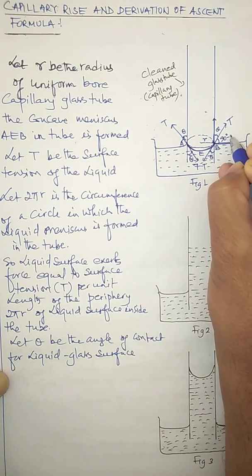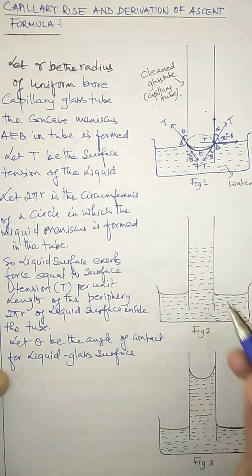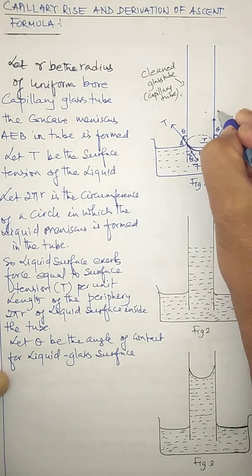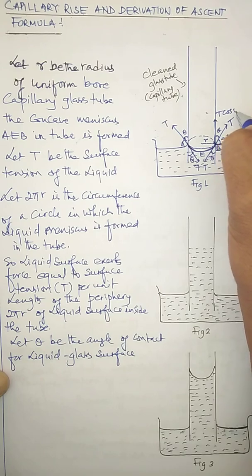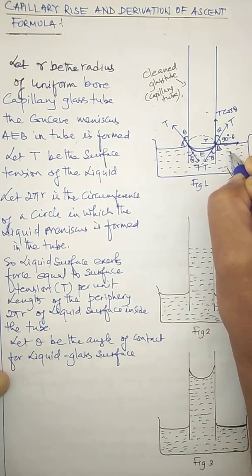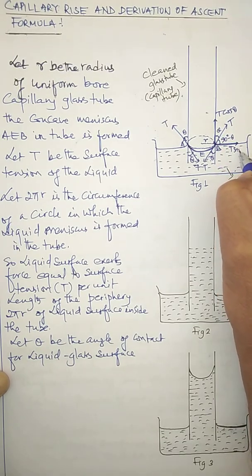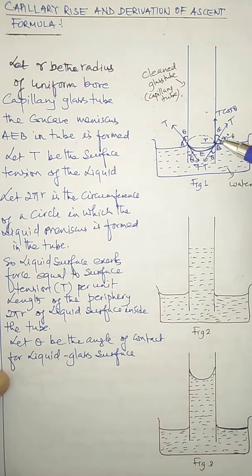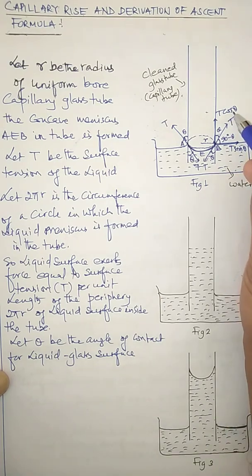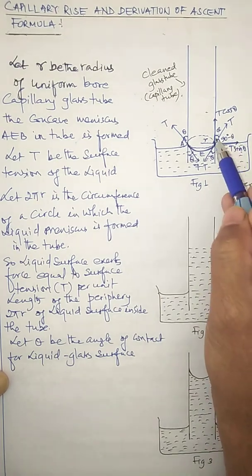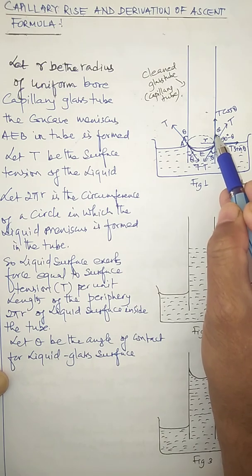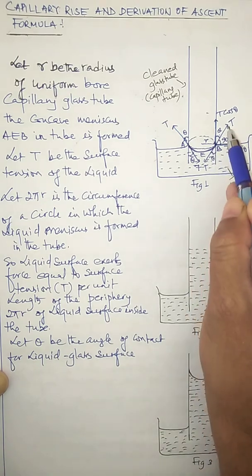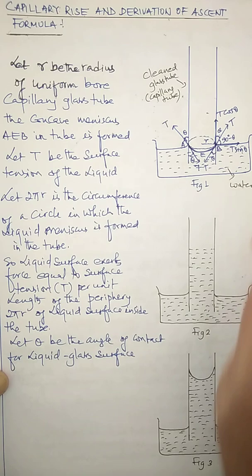This two component is simply given by T cos theta, and this component is given by T sin theta. So children, look at this splitting part I have done here. The theta component is always given by T cos theta. Because the total angle is 90 degrees, this is 90 minus theta, and the 90 minus theta component is given by T sin theta.